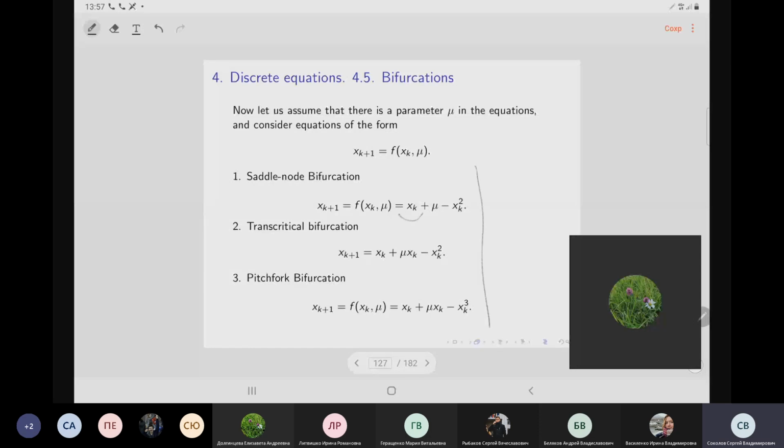For example, in continuous case, we have an equation x dot is mu minus x squared. Here we have an equation x dot is mu x minus x squared, and for pitchfork, x dot is mu x minus x cubed.